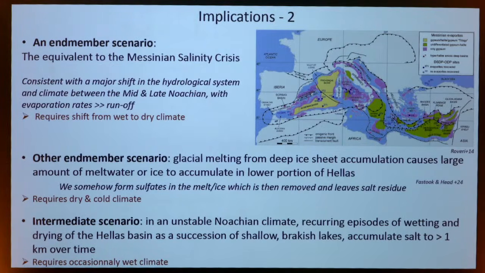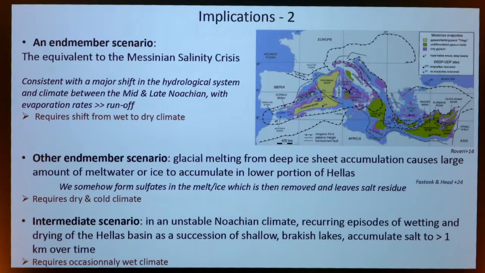There are mild variations around this scenario today, as it is understood for Earth anyways, but this would mean that at some point we had an ocean in Hellas Planitia kilometers thick, and then there was a shift from wet to dry, as is expected, and then the ocean dried up, and we have these remnants, salts evaporating.